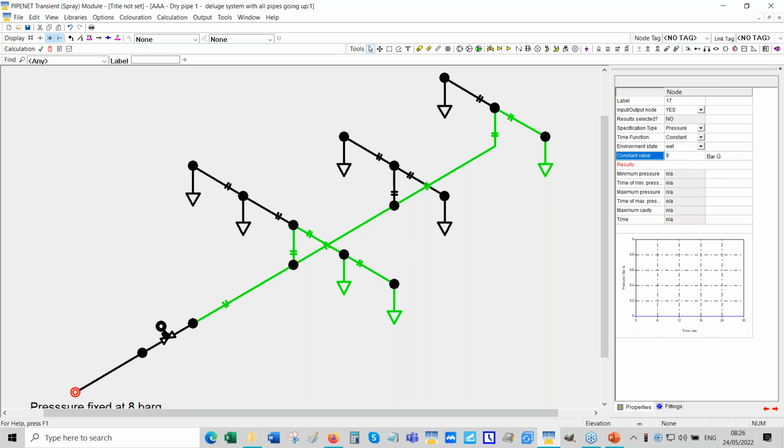Strictly speaking, the pressure at the inlet will change with time because of the firewater ring main; once we start drawing water from the ring main, the pressure may go down. But in this example, we are assuming that the pressure can be fixed at 8 bar gauge.